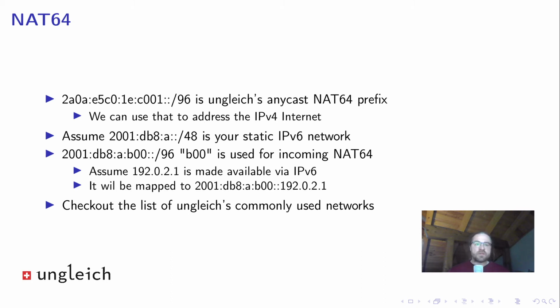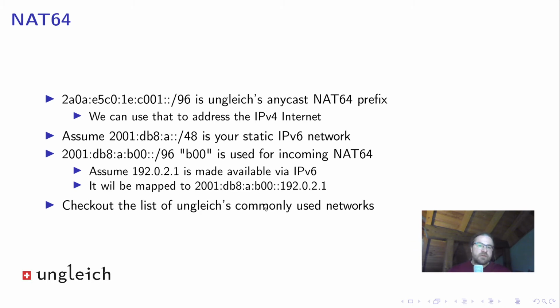So for a moment, assume that you have on your IPv6 VPN the network 2001:db8a::/48. The important bit here is only that you have a /48 network. Here at Ungleich we have a list of commonly used networks, which is linked here, which you can't see right now, but I will add it in the comments.